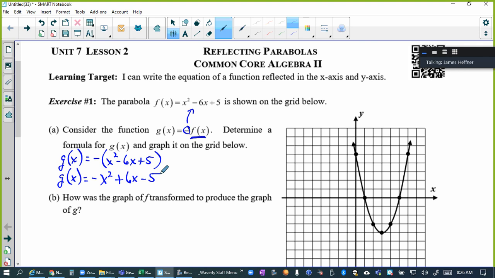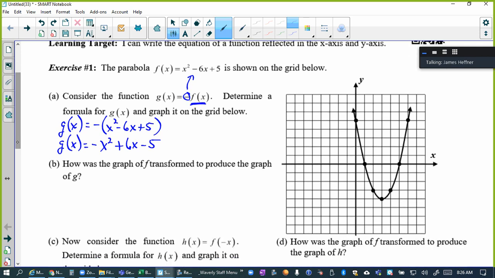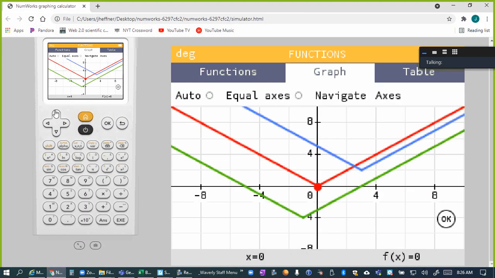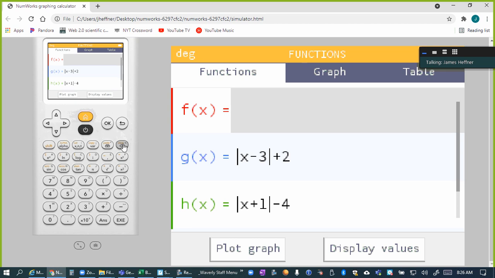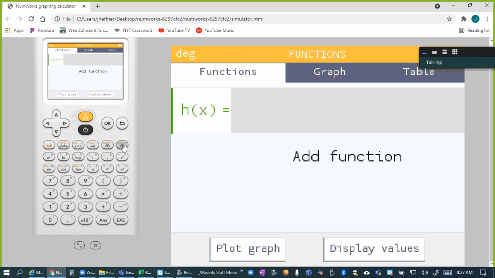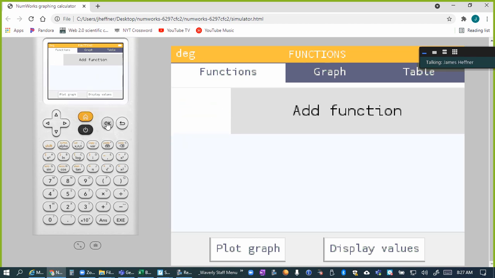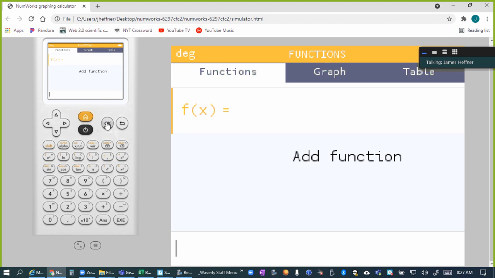Now they want us to graph that on the grid. Well, maybe we'll throw that into our calculator and get a little table of values. All right? So let's go back to our handy-dandy graphing calculators, or whichever one you use. And I'm going to get rid of all those other functions. All right, now I'm going to add this function.